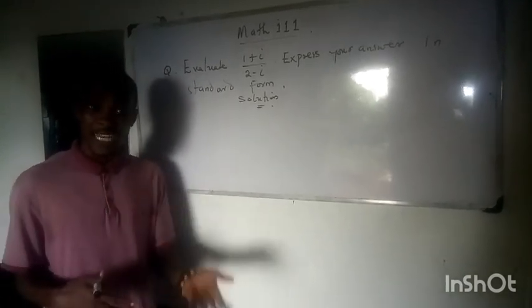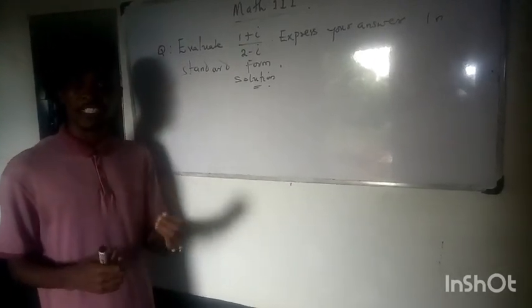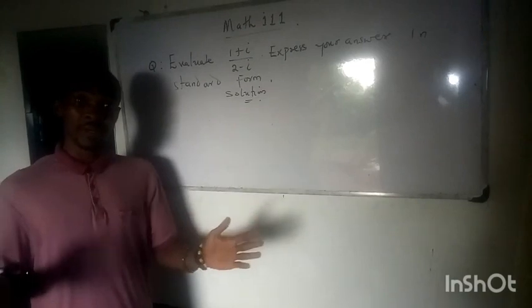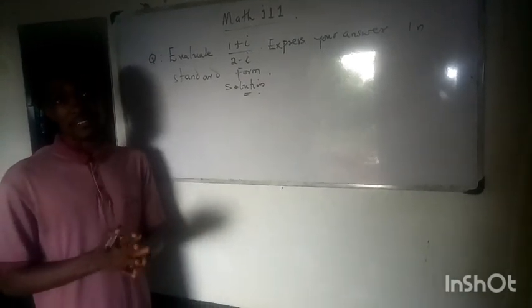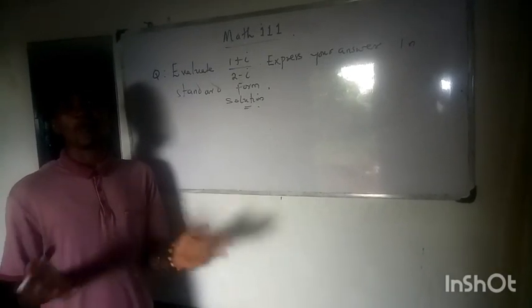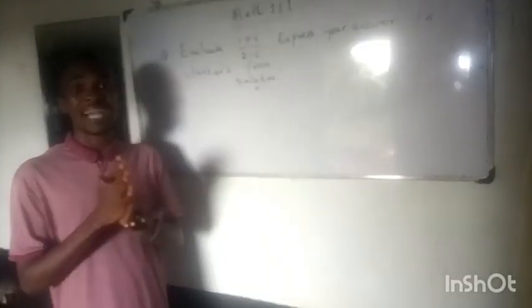Just like you have your natural numbers, rational numbers, irrational numbers, integers, and real numbers, which is a very large set, and then you have what we call the complex number, which is the number that carries both the real and the imaginary part.